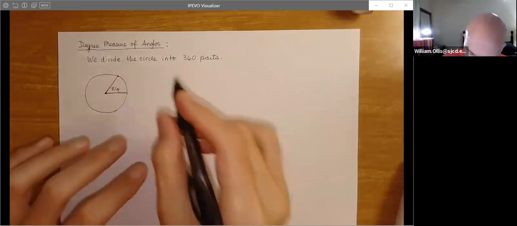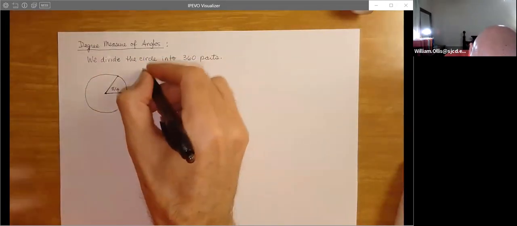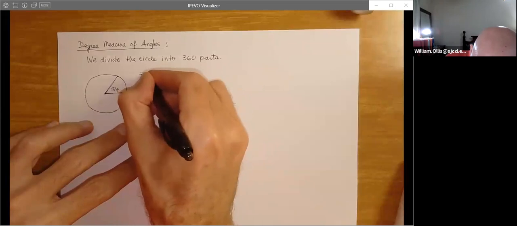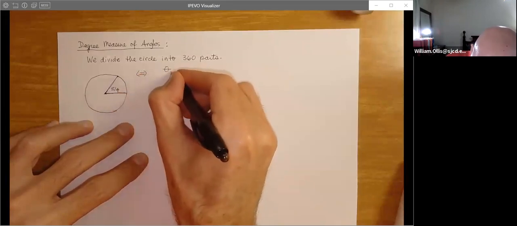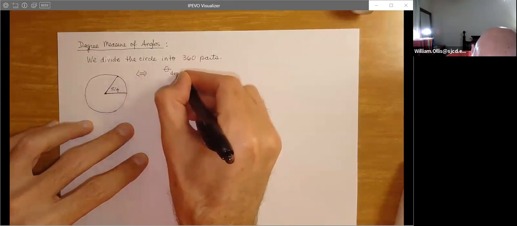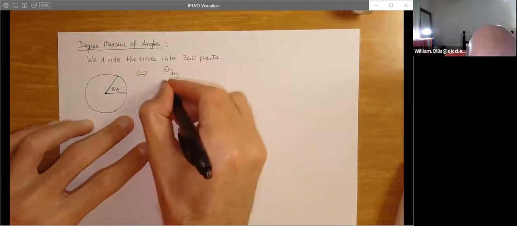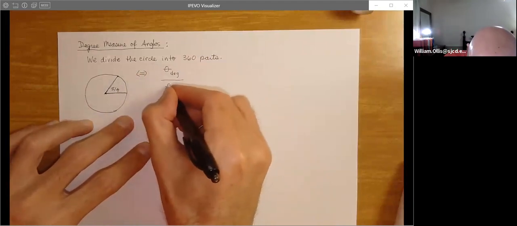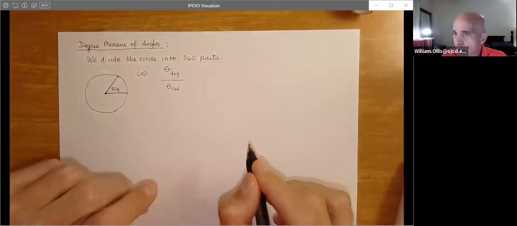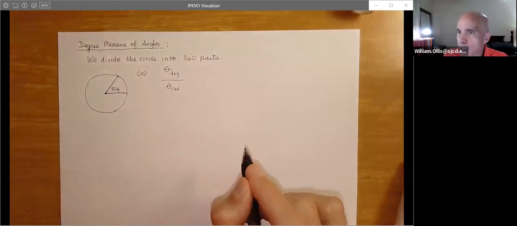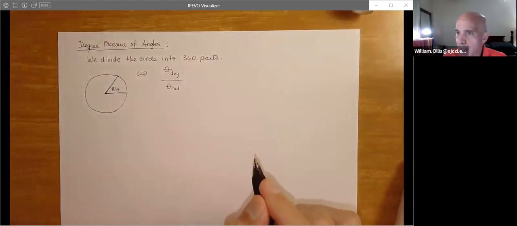So here's what I'm going to do. With this, we will imply this will be equivalent to the following. We're going to think about theta, and I'm going to use DEG for degrees, and then we're going to think about theta in terms of radians, and I'm going to say RAD because I'm lazy. So we're not going to write out degrees. We're going to just say DEG, and RAD for radian measure.